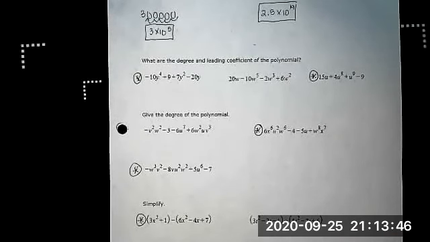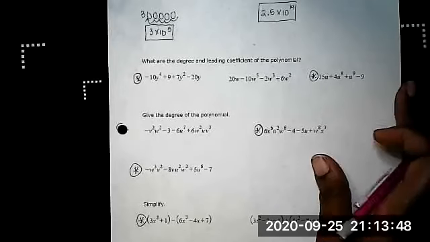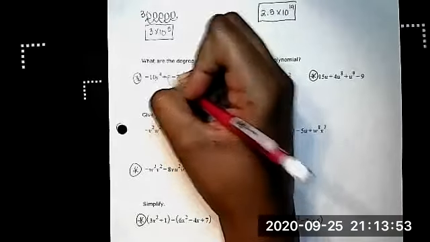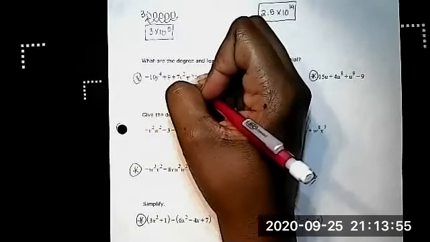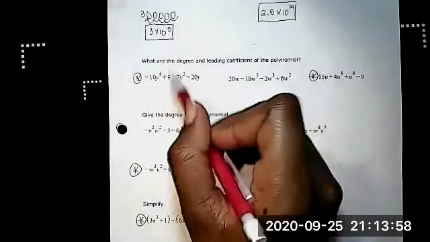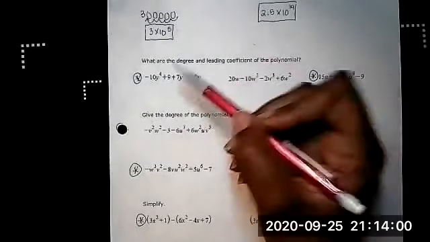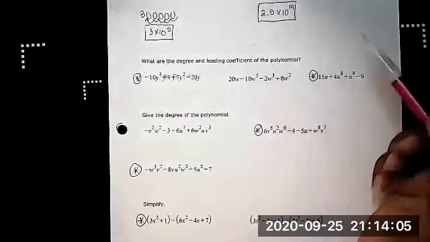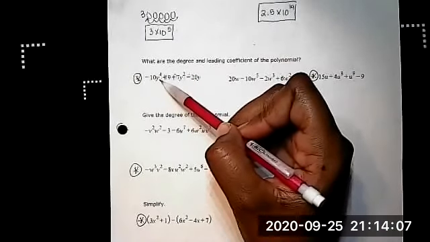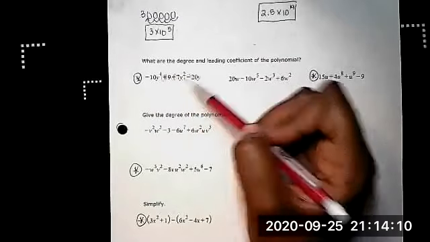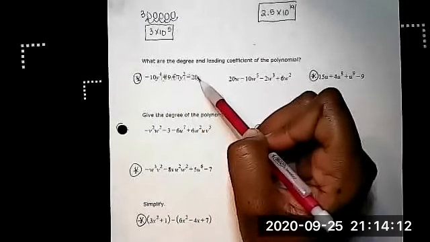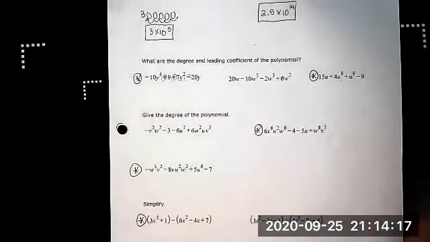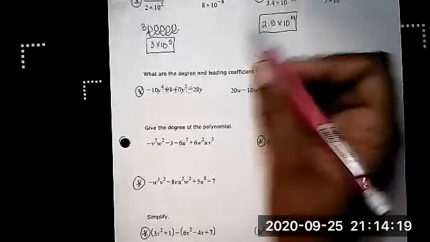When it's asking for the degree, what you need to pay attention to is where you have the pluses and minuses, because they determine when a term stops. In between those pluses and minuses, those are the terms.